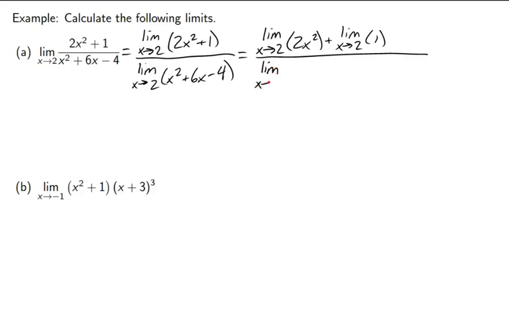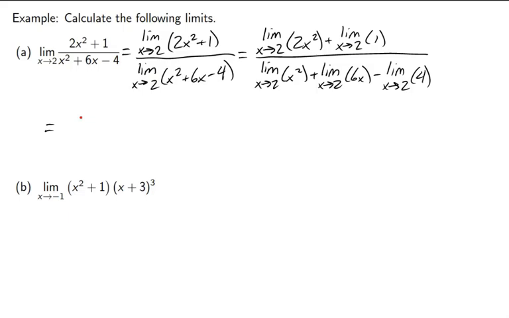Limit as x approaches 2 of x squared plus limit as x approaches 2 of 6x minus the limit as x approaches 2 of 4. So these are what our limit laws give us the power to do. First, we were able to break it up across a quotient. Now we can do it across sums and differences. We'll do one more step and then we can get the final answer.